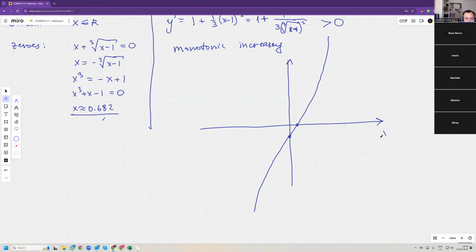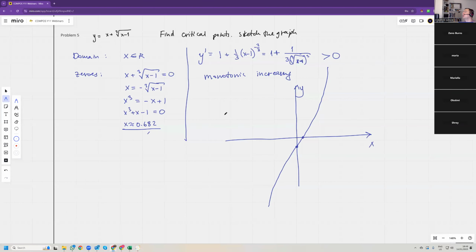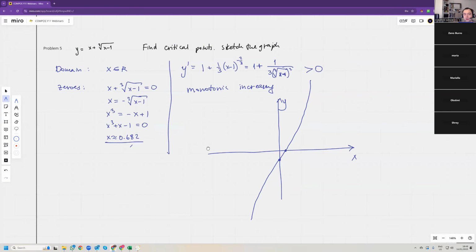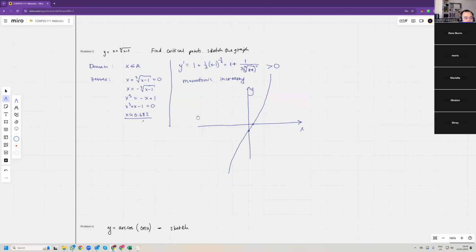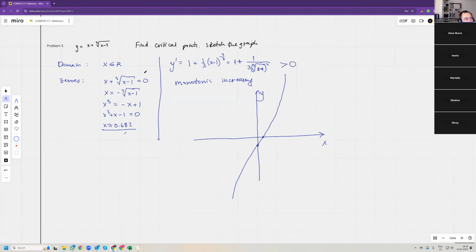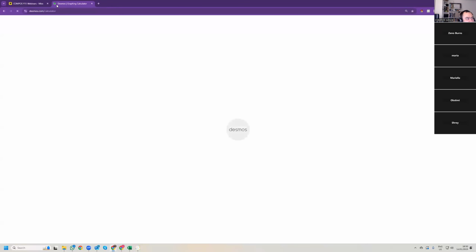By the way, this is a very common task on a university interview. So for example, on Oxbridge interview, they always ask you to draw a graph of something. So that's one of the things that you really need to have solid understanding of.